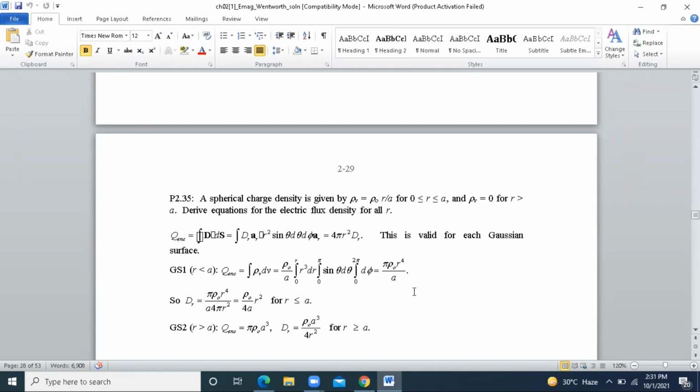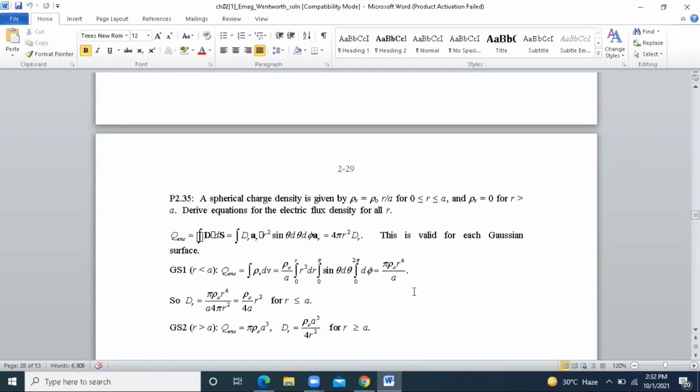You get the integral of dr, the integral between 0 to pi of sine theta d theta, and the integral between 0 to 2 pi of d phi. When you work it out, you get this value: pi rho_0 r to the 4 over a.